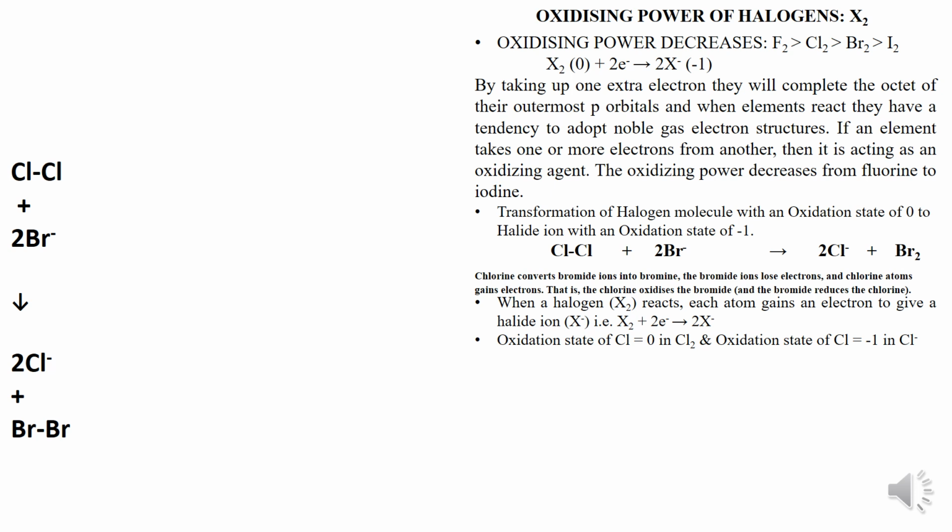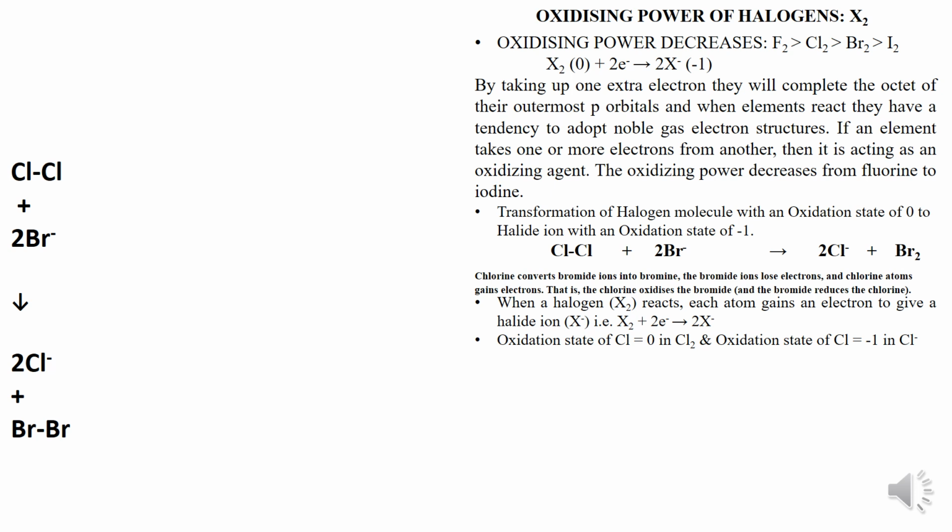The transformation of a halogen molecule with an oxidation state of 0 to a halide ion with an oxidation state of -1 can be understood by the reaction between molecular chlorine and the bromide ion in solution form. Molecular chlorine converts the bromide ion into bromine. The bromide ions in the process lose electrons and the chlorine atom gains electrons.